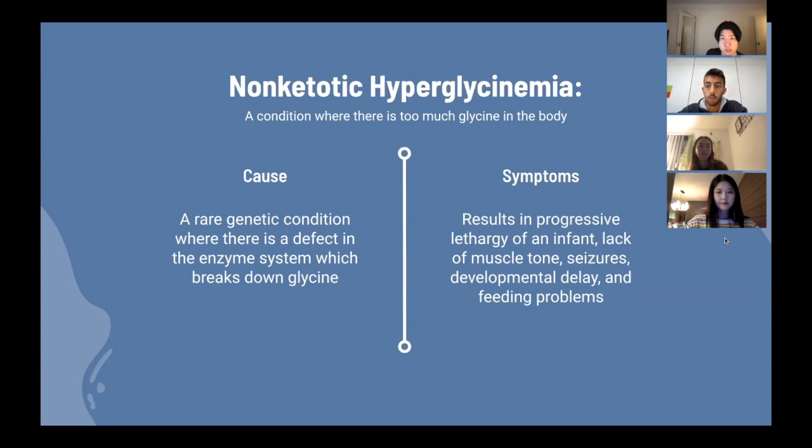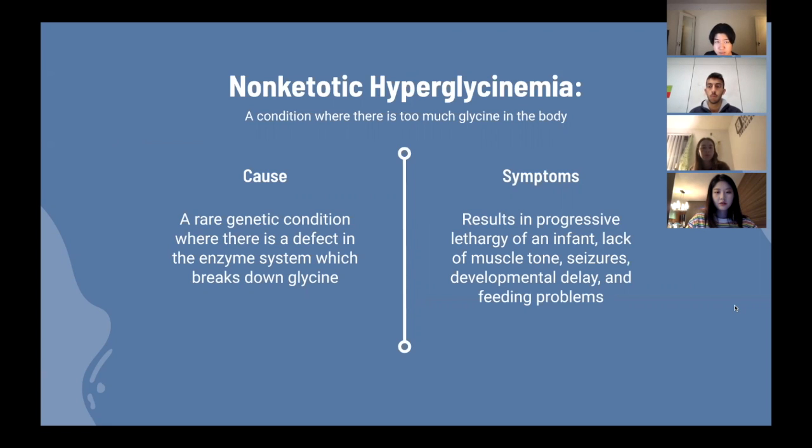And the second interesting fact we found was that there's a condition where there's too much glycine in the body, which is called non-ketotic hyperglycinemia. And it's caused by a genetic condition where there's a defect in the enzyme system, which is typically responsible for breaking down glycine.